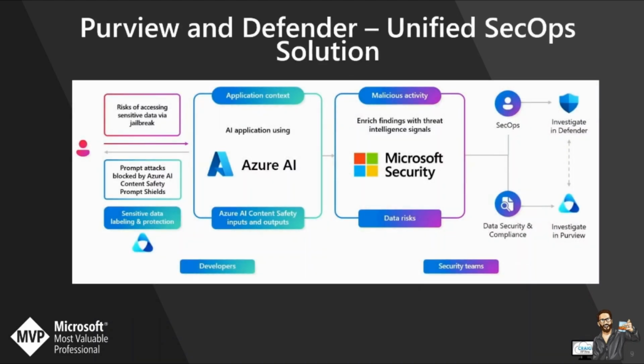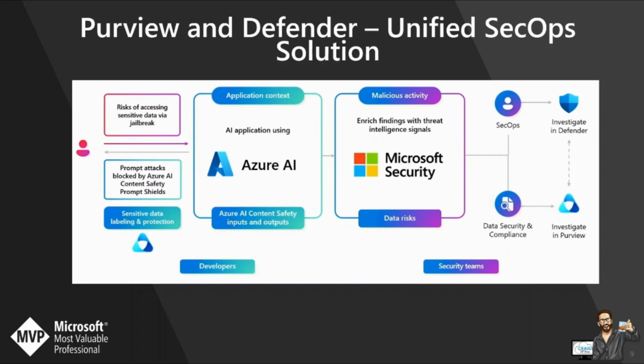A slide which was also really interesting during Build, which Mark showed, was the information around Purview and Defender. He didn't really go into too much detail, but I want to give a quick rundown of this, and then maybe put some hypotheticals out there. This image really illustrates a comprehensive security workflow for AI applications using Azure.